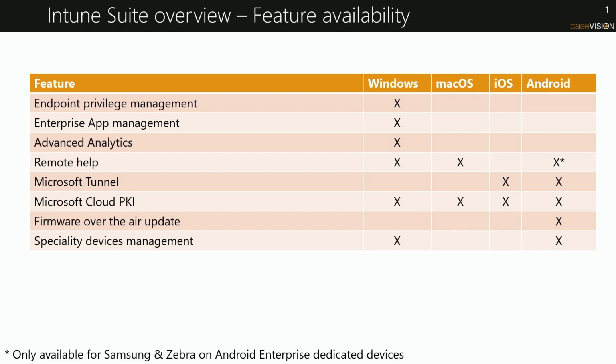Remote Help to connect to these devices. Microsoft Tunnel, for example, to connect to your on-premise applications. Microsoft Cloud PKI to deploy your certificates to your devices. And last but not least, firmware over-the-air update and specialty device management to manage every device within your organization and to deploy firmware updates to them. So that's a very cool addition.